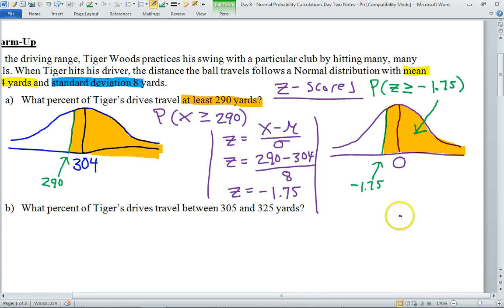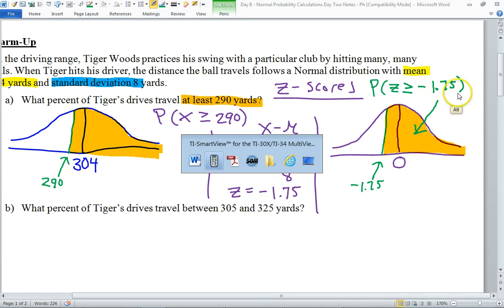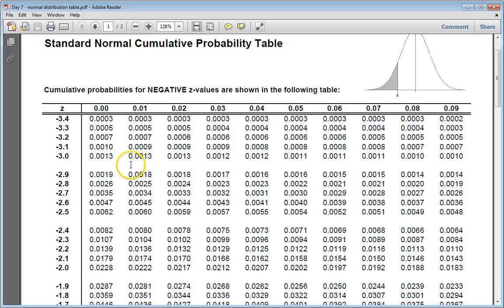Okay, so let's go ahead and find negative 1.75 on the chart right now. Because I want negative 1.75, I need to start off with negative 1.7. I'll worry about the 5 later.